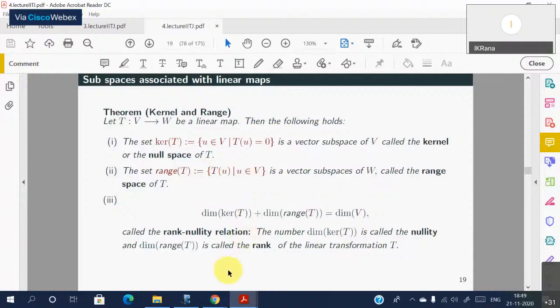And the relation says that the dimension of the kernel, which is a subspace of the domain, and the dimension of the range space, which we are calling the rank of the linear transformation, the two add up and give you the dimension of the domain space V. So that is called the rank nullity theorem for the linear transformation T.